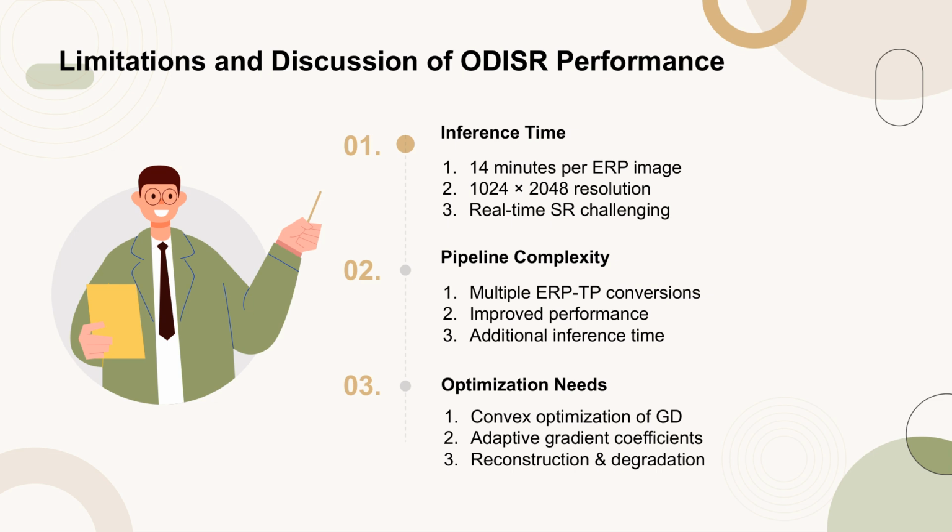Secondly, the pipeline requires multiple conversions between ERP and TP, which, while improving performance, consumes additional inference time. Lastly, there is a need for further exploration of the convex optimization properties of GD correction, including designing gradient term coefficients that are adaptive to reconstruction results and degradation types.